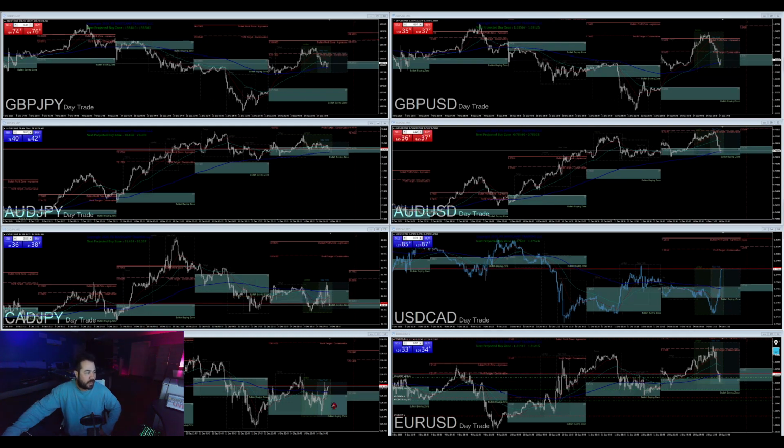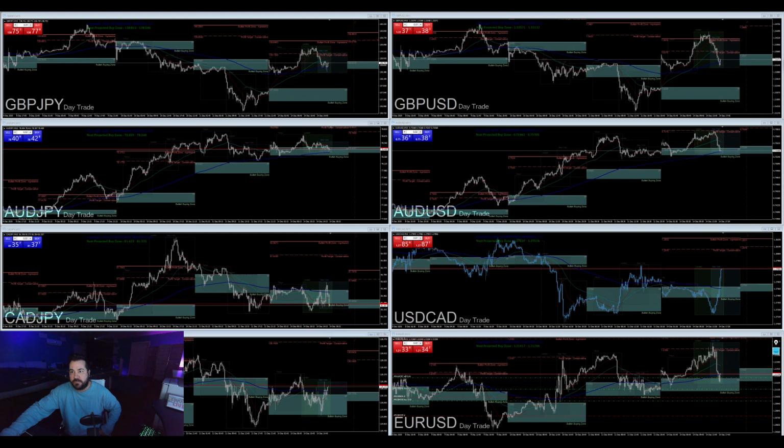Okay, so we finally get a close up above the central pivot on the euro yen. So we'll see if we get some more closes up here, and then we'll be taking a long right at central pivot. CAD is really starting to move.